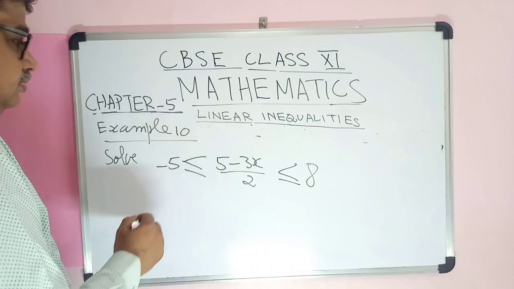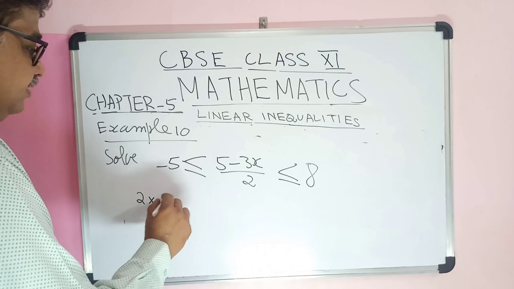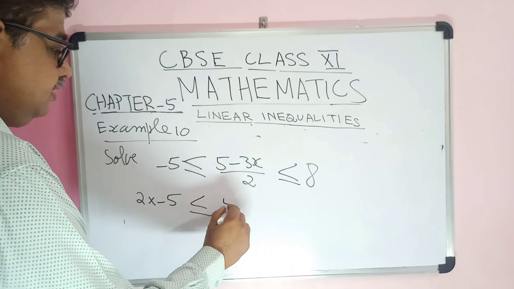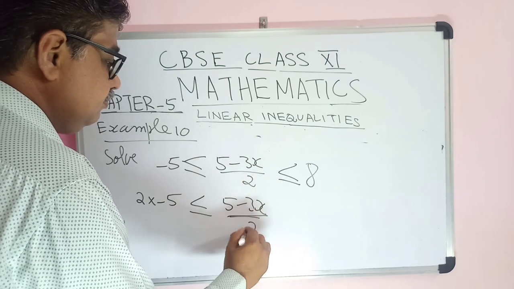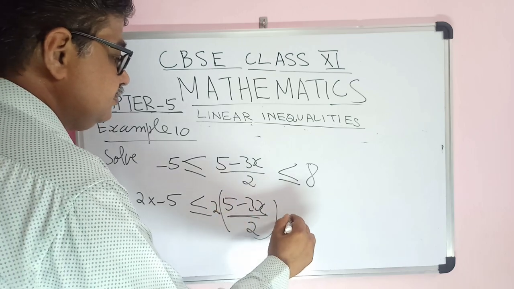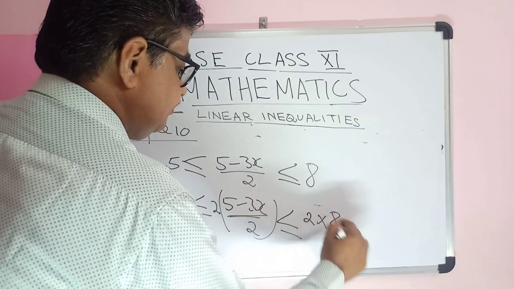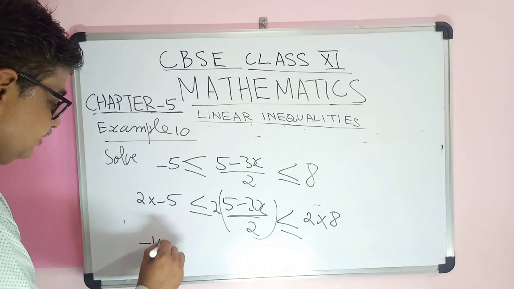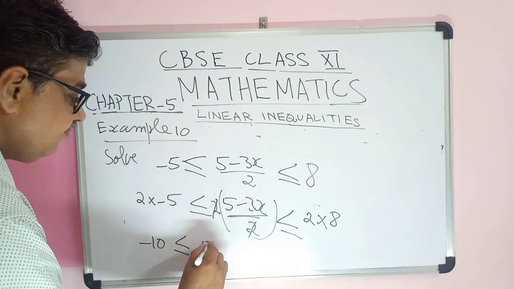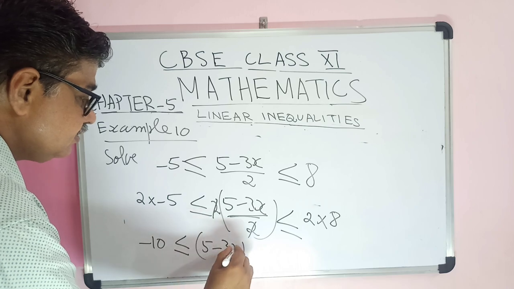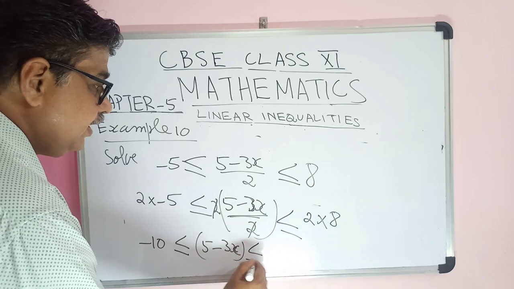So multiply by 2 on both sides. 2 into minus 5 is less than or equal to 2 into (5 minus 3x) by 2, less than or equal to 2 into 8. So it becomes minus 10 less than or equal to 5 minus 3x, as the 2 cancels, less than or equal to 16.